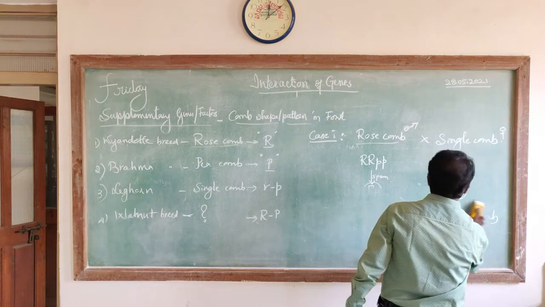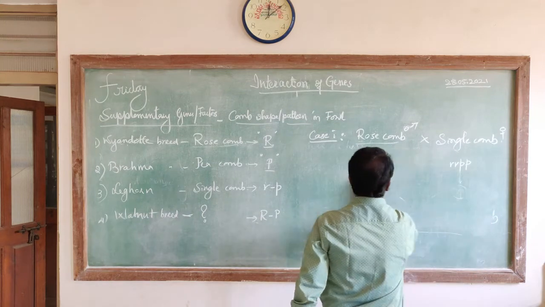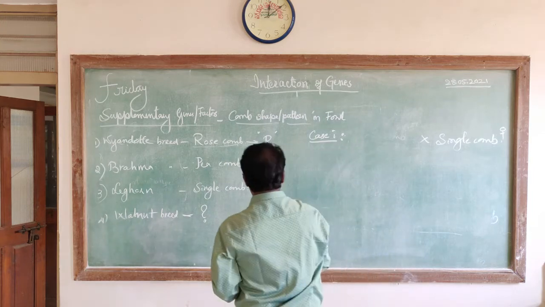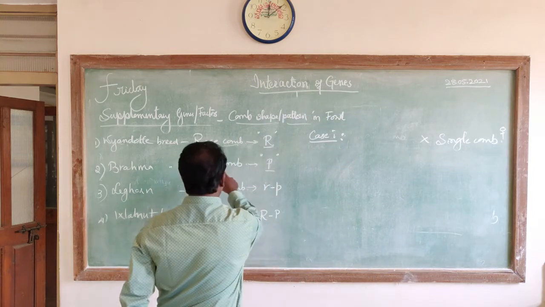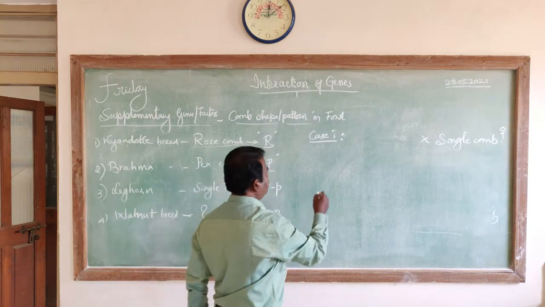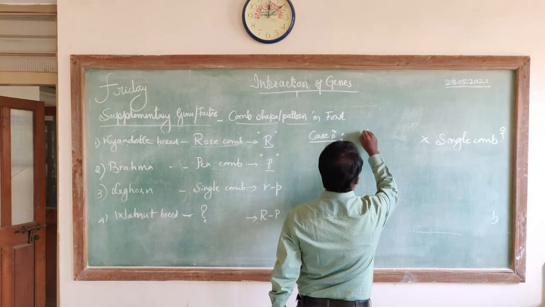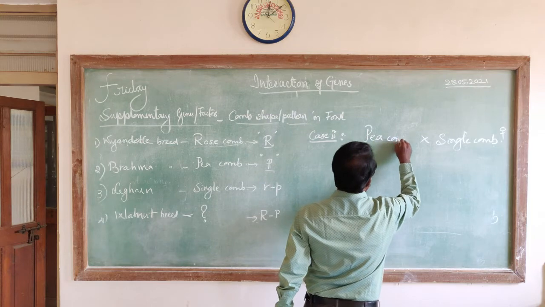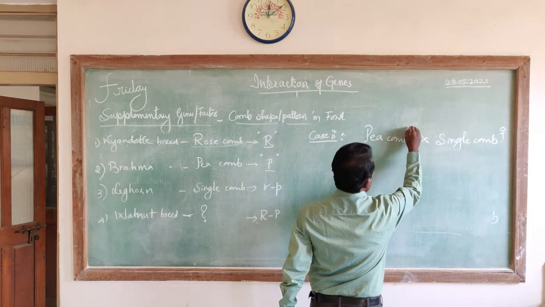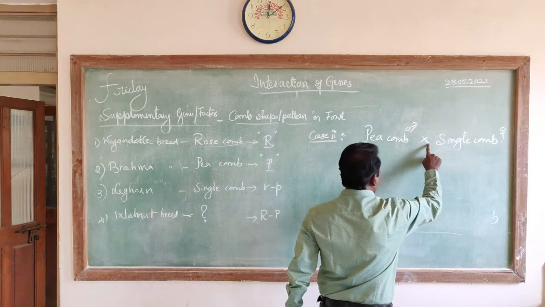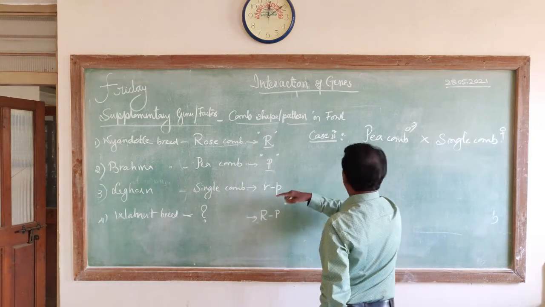Then similarly, let us consider case 2, where to prove that gene for pea comb is dominant. Case 2. Here I write pea combed Brahma breed crossing with single combed leghorn.